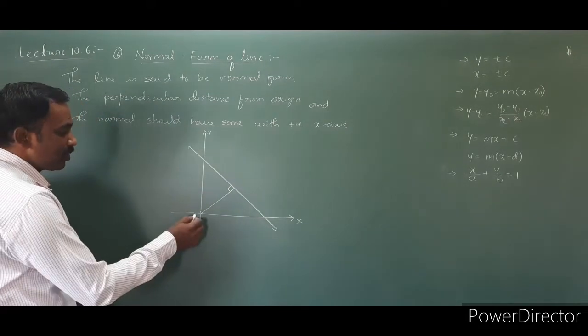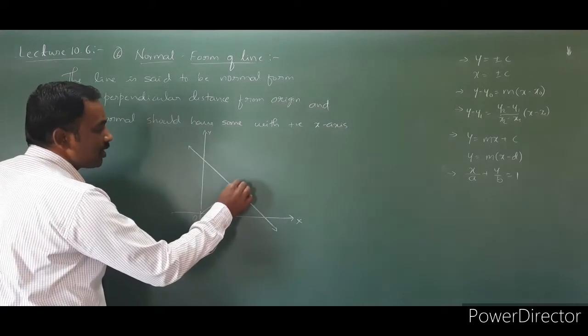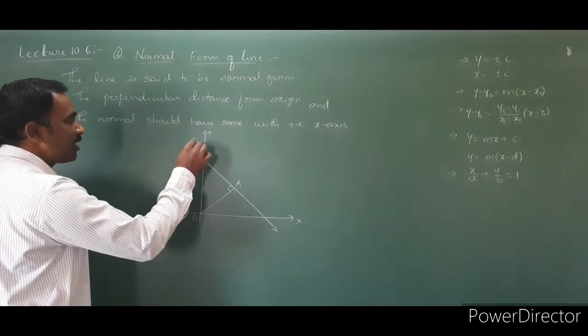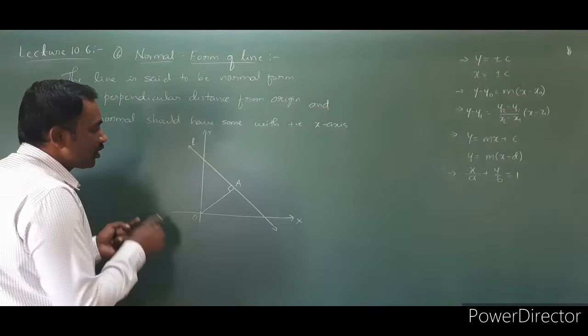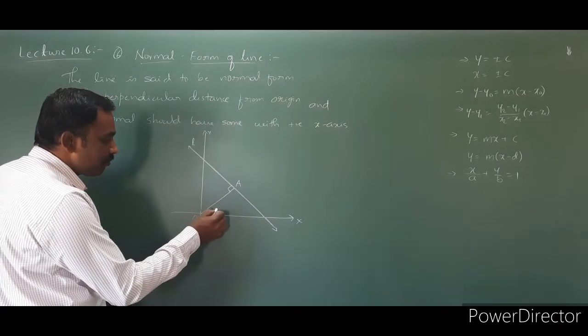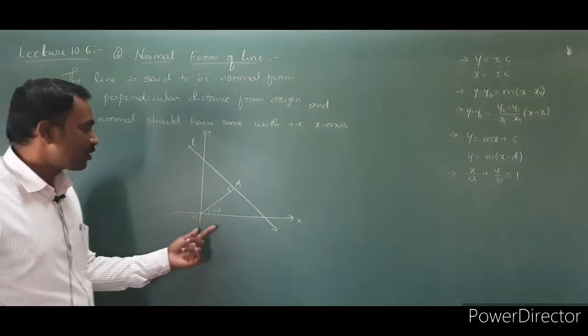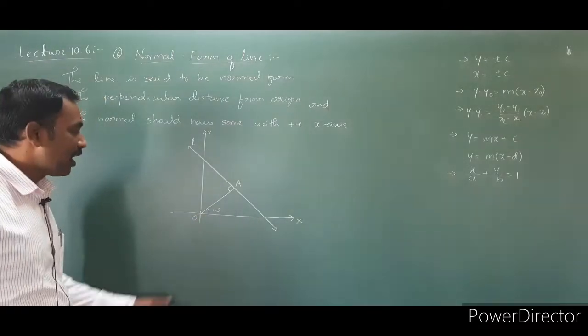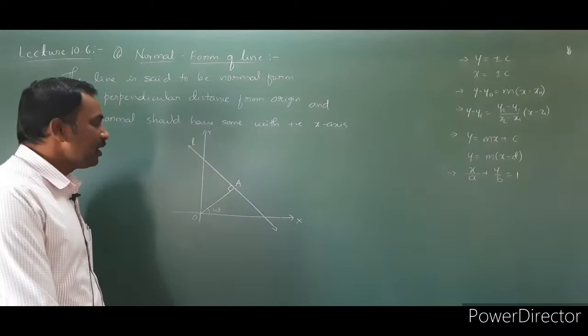O is the origin, OA is the perpendicular to the line L, and this OA makes an angle omega with the positive direction of the x axis.